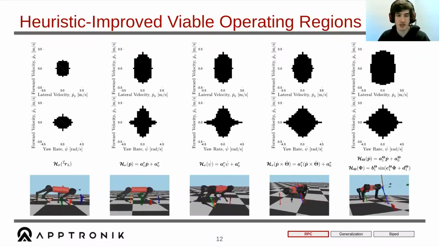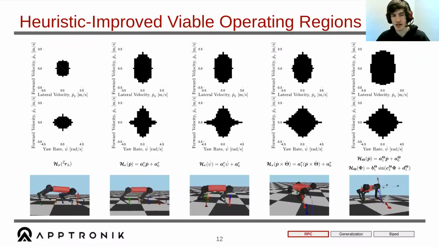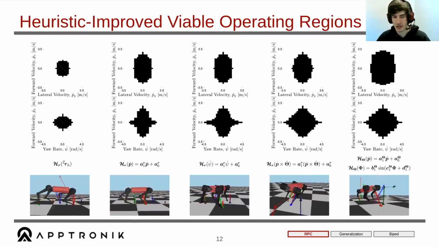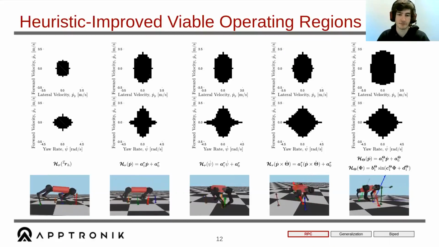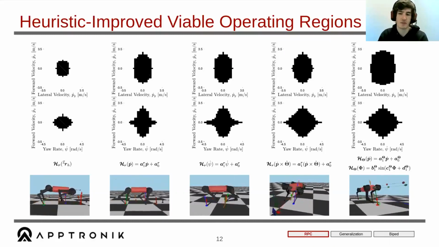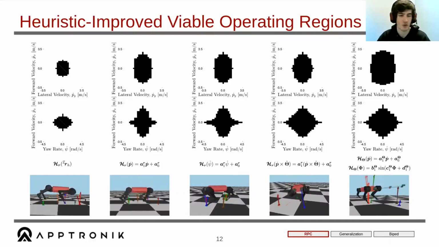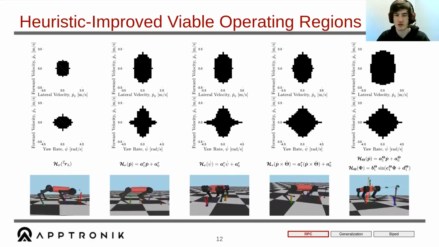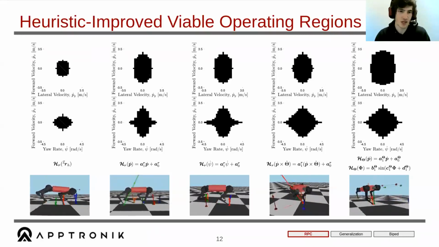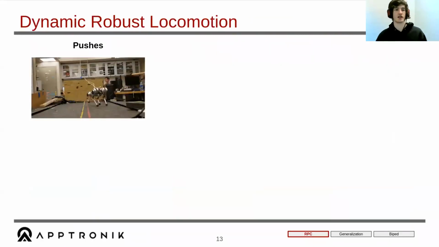So if you look back at the first set of graphs versus the last set of graphs, you can see that even though the controller is exactly the same and all of the gains are the same, the amount of region where the robot's able to be stable greatly increases just by giving it better heuristic inputs. So we can see the results of this in different robust dynamic videos.